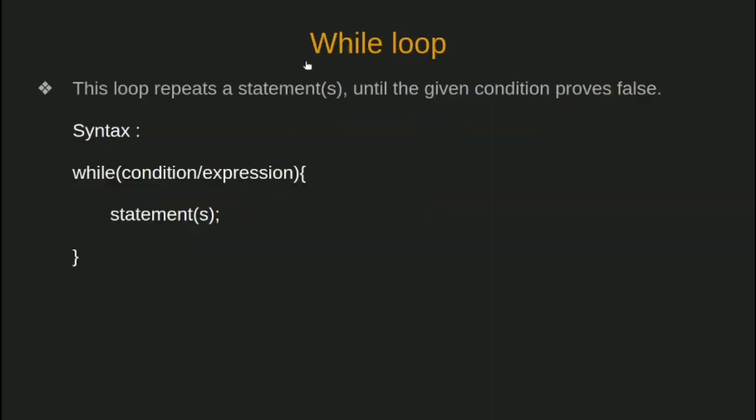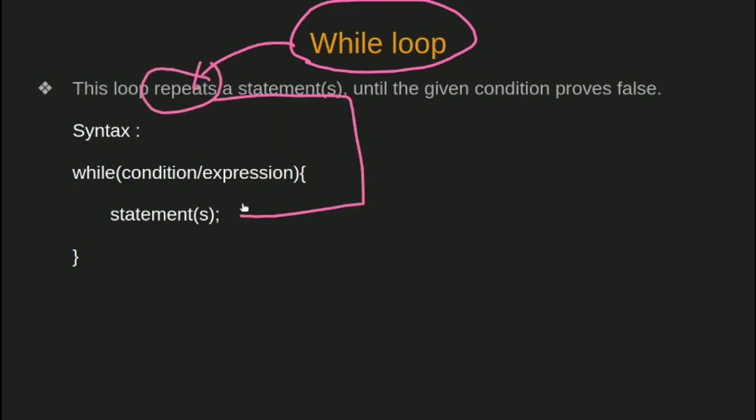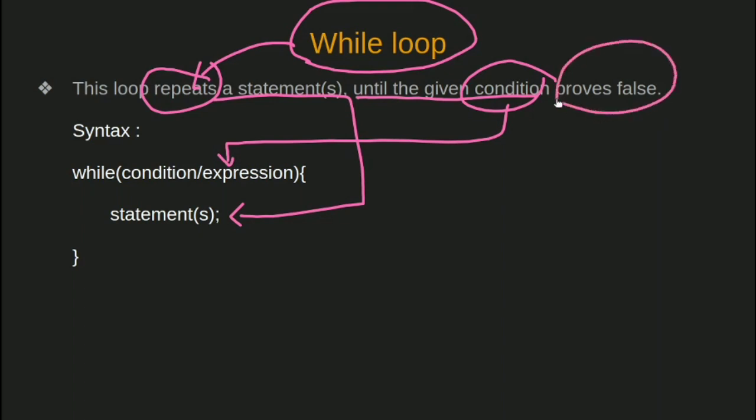Let us now discuss the first loop structure, and that is our while loop. What this while loop does is that it repeats this particular statement, and this repetition goes on until the condition, which in this case is provided over here, proves to be false.